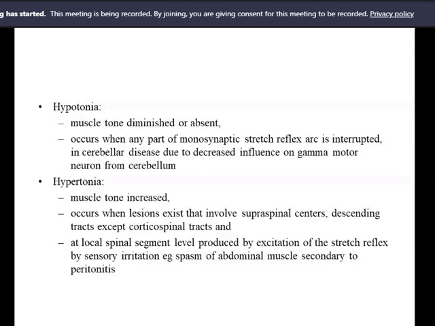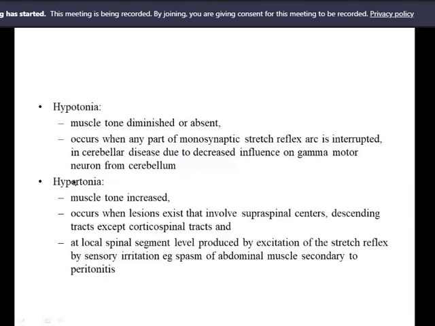Now muscle tone is diminished in hypotonia. It occurs when any part of the monosynaptic stretch reflex arc is interrupted, and in cerebellar disease due to decreased influence of gamma motor neuron from the cerebellum.